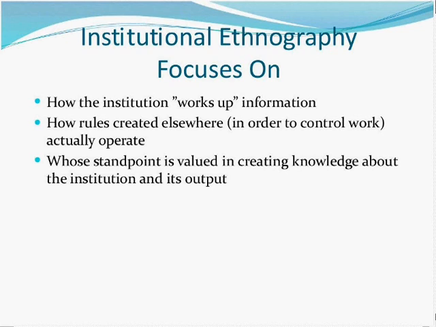Institutional ethnography would help us focus on whose standpoint is valued in creating the knowledge about the institution and its output. For example, again with my eggs, my standpoint was not as valuable in that system as the standpoint of the kitchen or the person taking the money or the person deciding how many eggs to order. The standpoint valued is critical to knowing how that information gets created and how it can be valued.